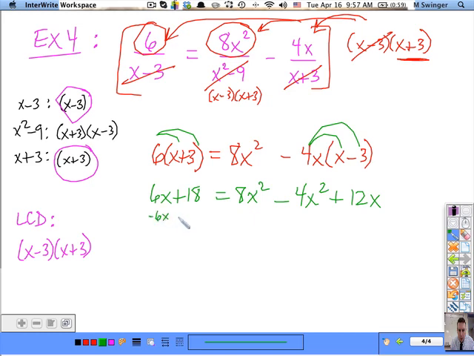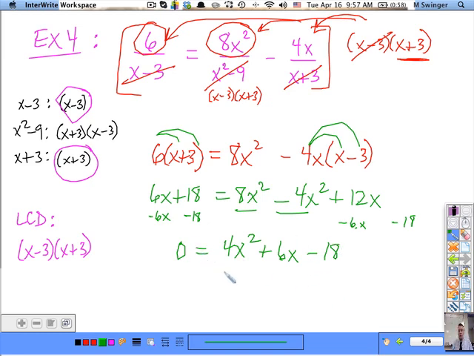So minus 6x minus 18, minus 6x minus 18. Therefore 0 is equal to 8x squared minus 4x squared, 4x squared. 12x minus 6x is plus 6x, and minus 18 is by itself, so minus 18. There you go. You've got a quadratic equal to 0.